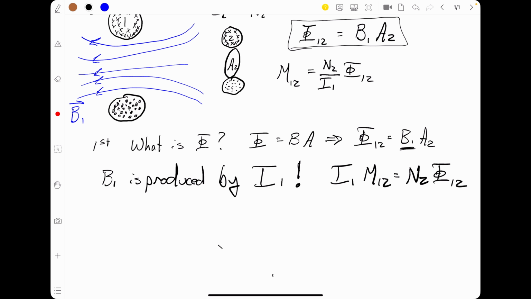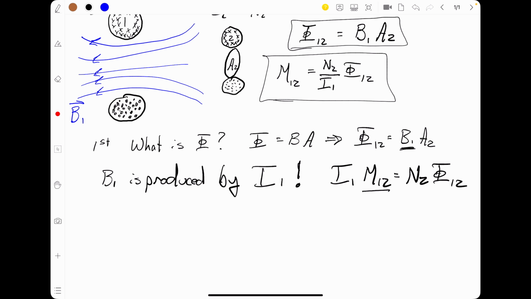So we really want this guy right here, and that leads us to this equation. Okay? So, I don't know if that clarified anything or not, but anyway, that's how it works.